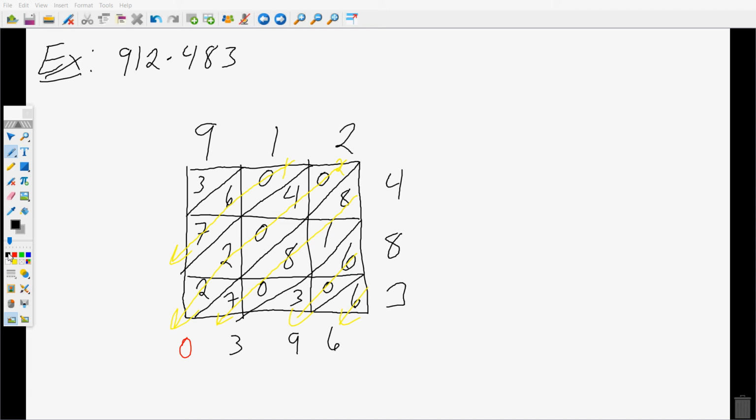And when I add up those, that will give me 14, so I will put a 4, and then I'll have to carry the 1. And now I just have 1 plus 3, which will just give me 4. So 912 times 483 is going to give me 440,396. And this is lattice multiplication.